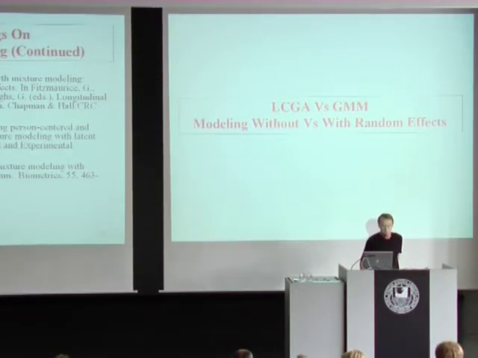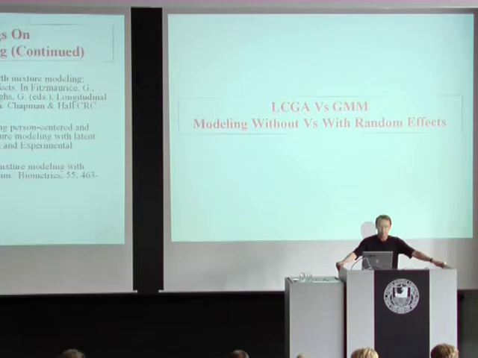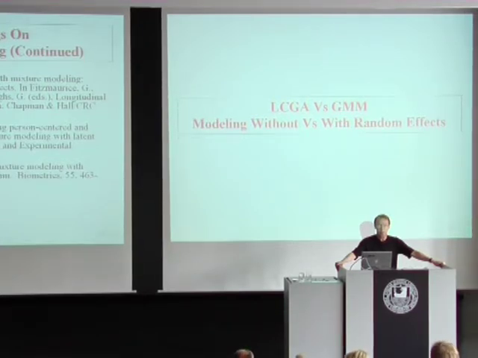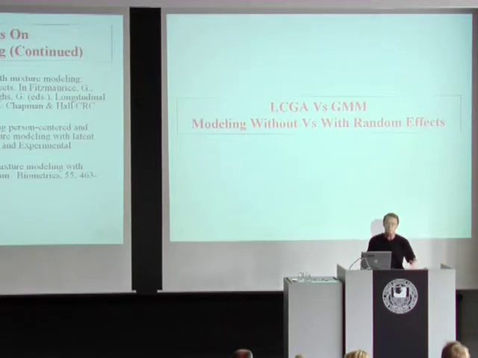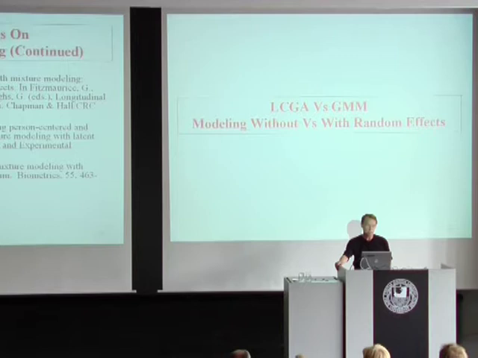So you should expect to see differences there, and you would want to proceed cautiously, and typically you would not free as many parameters as we do in this LC example. For instance, typically the growth factors regressed on covariates would not necessarily be different across classes, but the default again is to hold them the same.